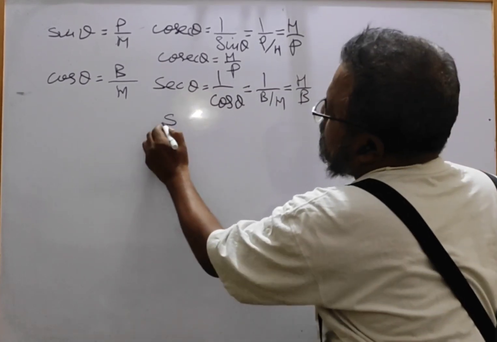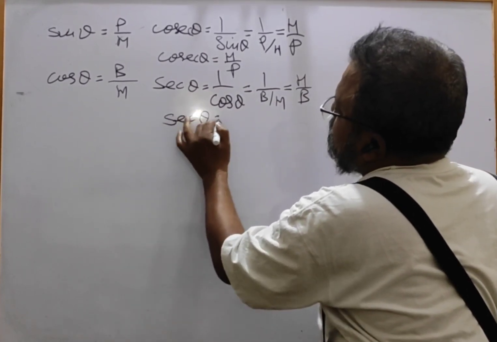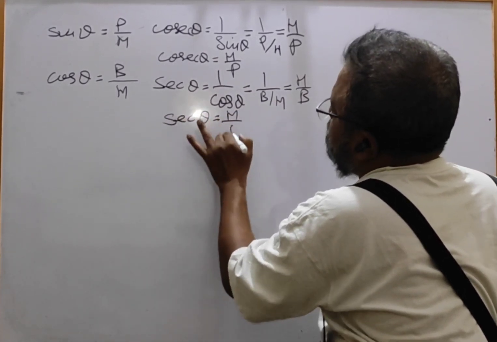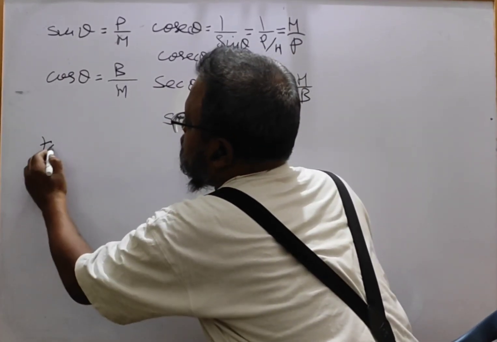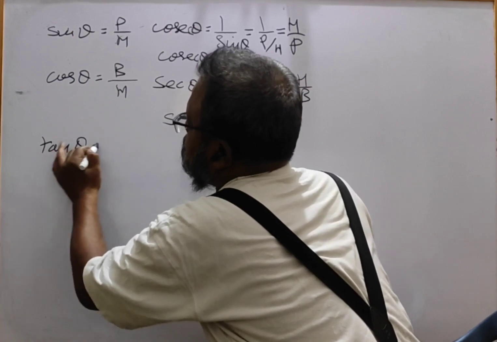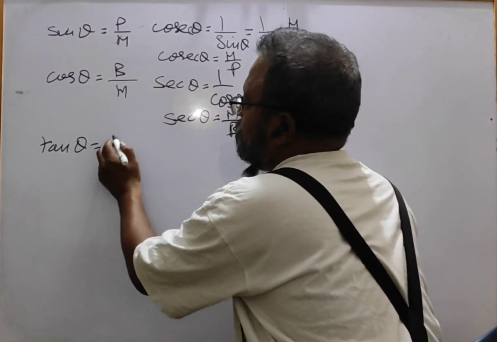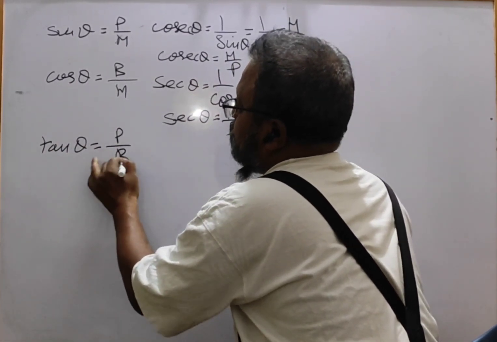So sec theta is equal to hypotenuse upon base. And tan theta is equal to perpendicular upon base.